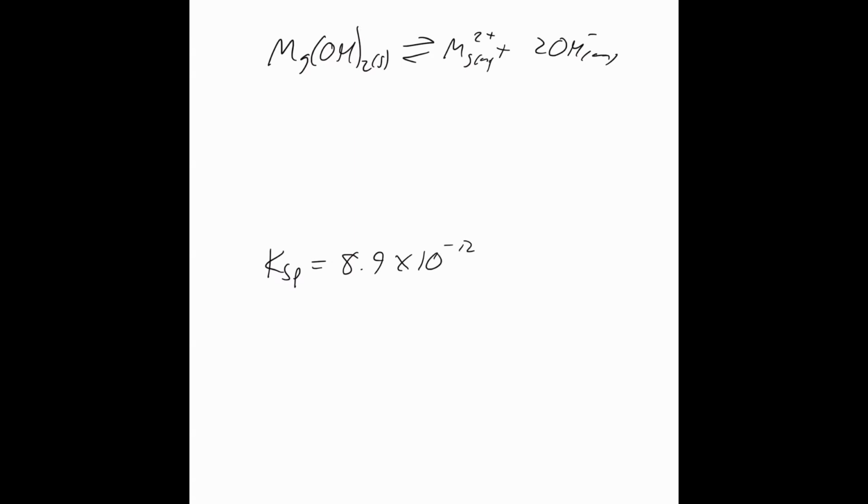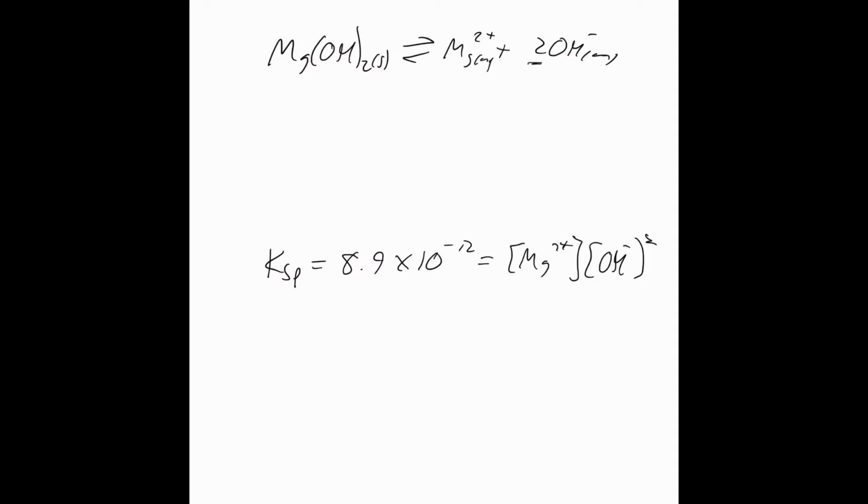If we were to write this equilibrium expression, it would be the concentration of the products, and then we square the OH minus because of the 2. It would be divided by reactants, but since the reactant is a pure solid, it divides away. So we're left with our KSP.